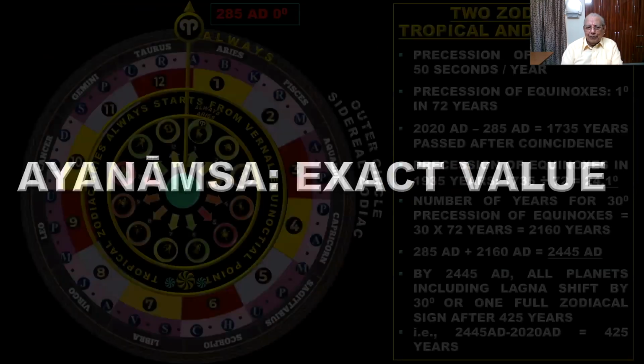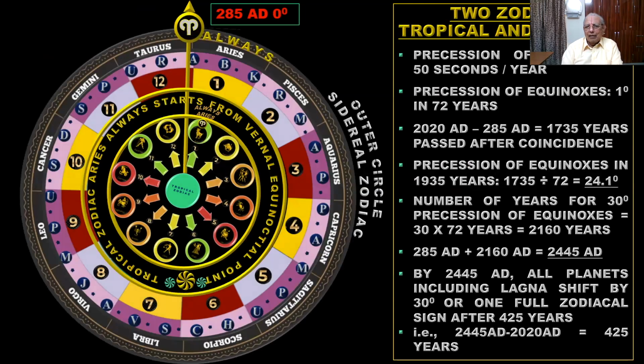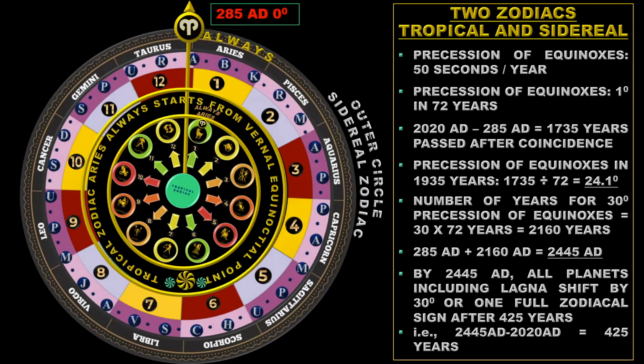What is the exact value of Ainamsha? At the rate of 1 degree for every 72 years, in 285 AD it was coincident with Ashwini, and therefore in 285 AD the Ainamsha was 0 degrees. So the tropical zodiac Mesha Rashi and sidereal zodiac Mesha Rashi were together, the same thing in 285 AD.